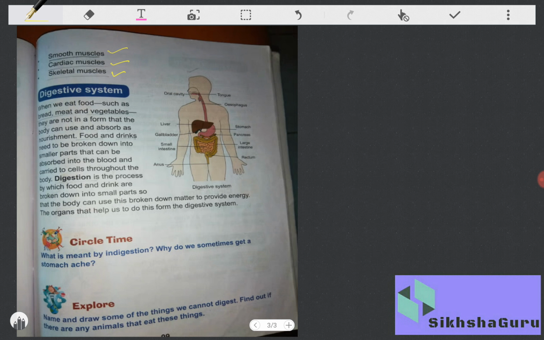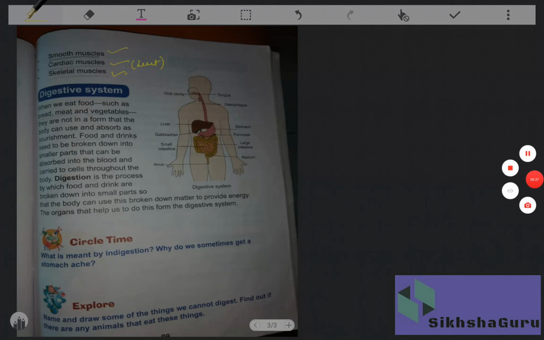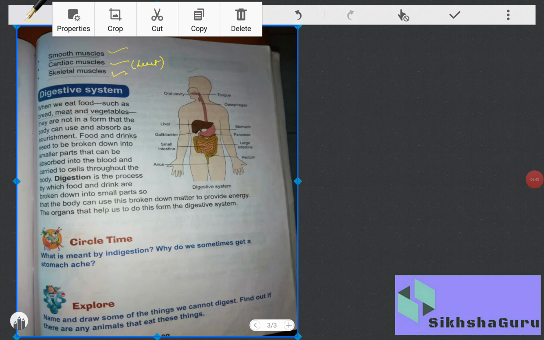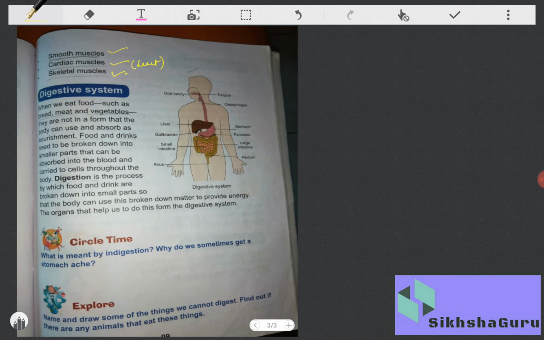The cardiac muscle is found in the heart. Skeletal muscle fibers occur in muscles which are attached to the skeleton.